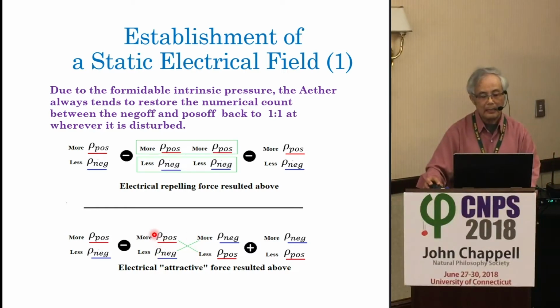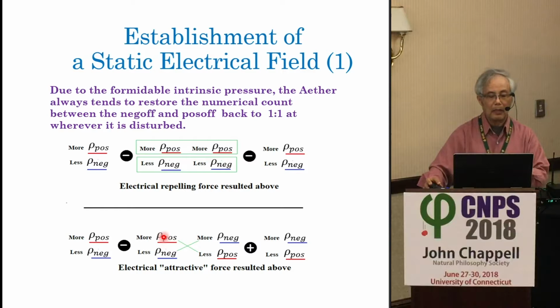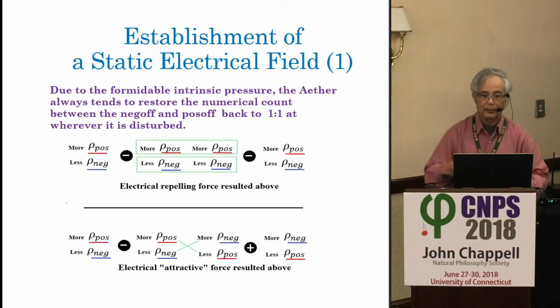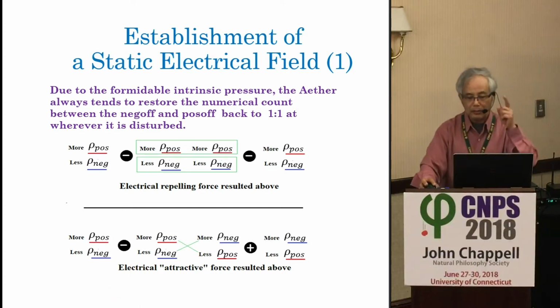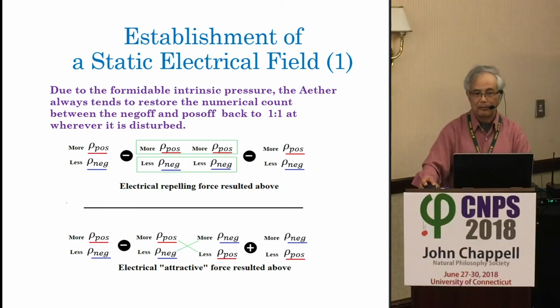In this area, the pressure of both the positive and negative gets less. That's why this positive charge and the negative charge feel a force pushing them together. That's how the electrical attractive force is established.